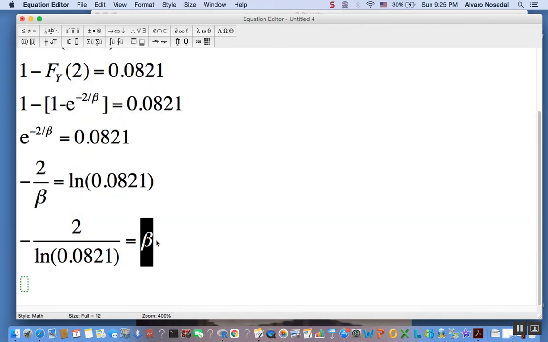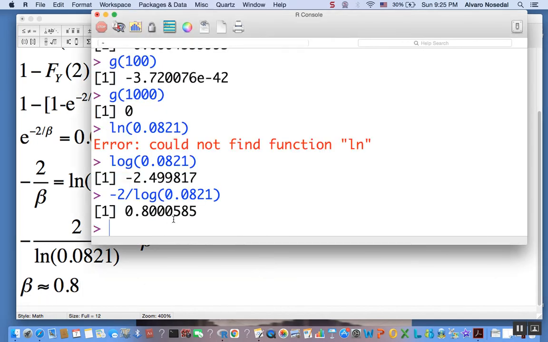Beta is roughly 0.8. Okay, to 4 decimal places, 0.8.